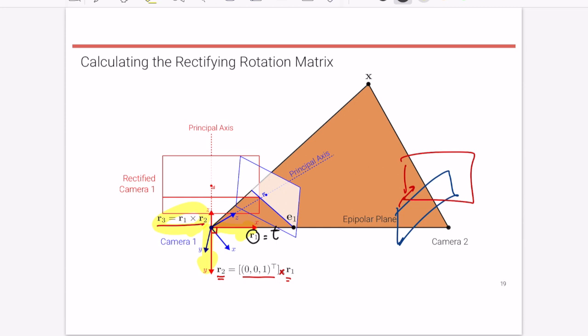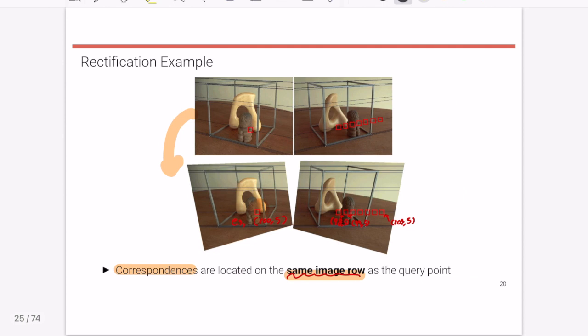rotates the original blue plane to this red plane. So that's the process of rectification. Here's the example. This is the original input left and right images. When you consider this single pixel, the epipolar line should be like that.